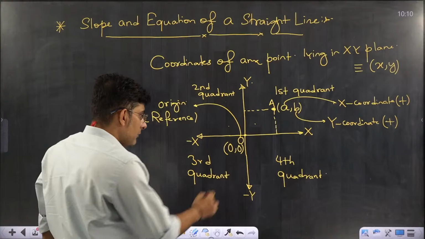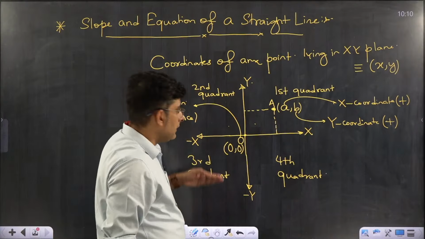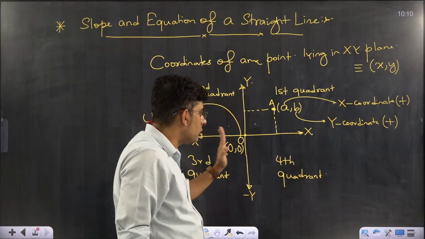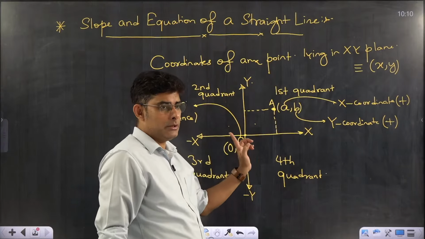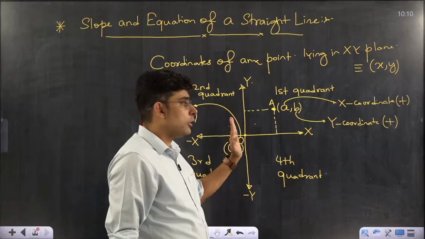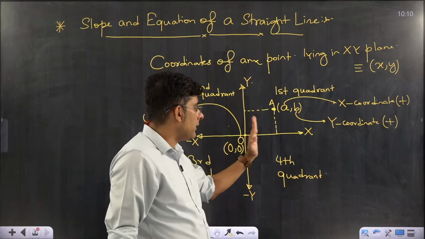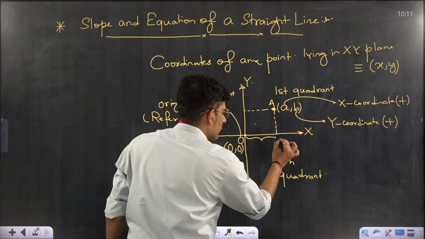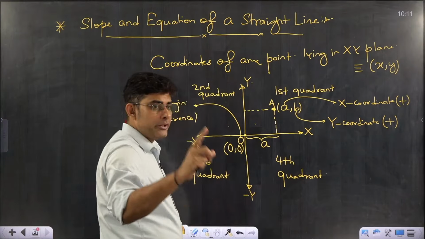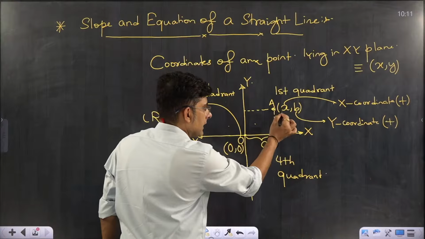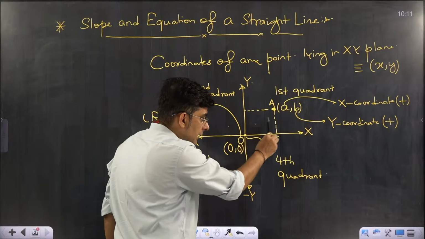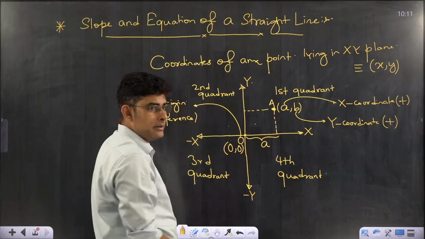And what is the meaning of these coordinates? This x coordinate tells you that to reach the point A, how much should you move along the x-axis from the origin. From origin, if I want to reach A, how much should I move along x-axis? So this is A. So when you see any coordinate written as A, that means this distance, when you are moving from origin along x-axis, how much you are covering.